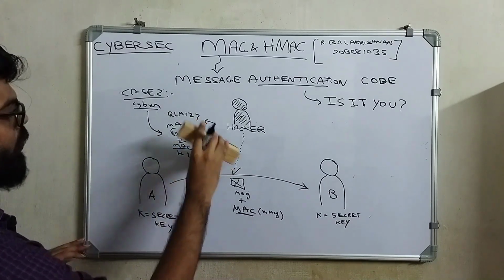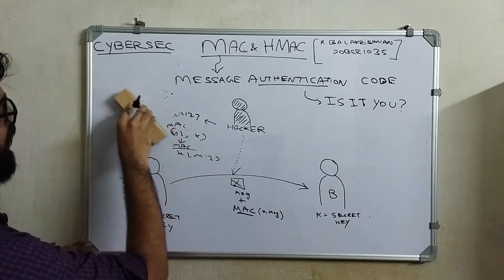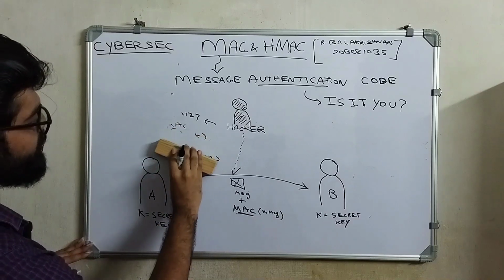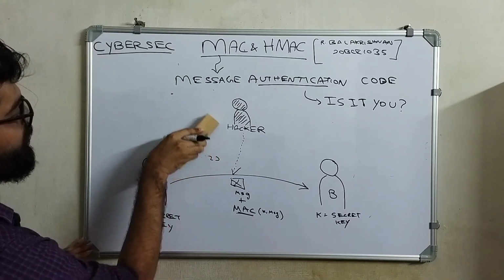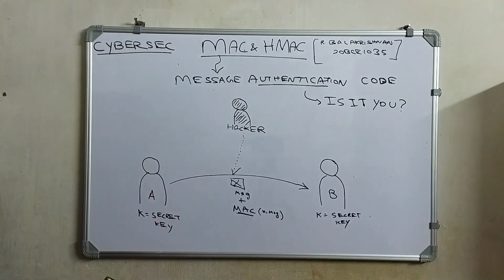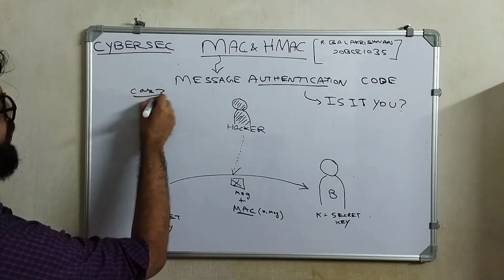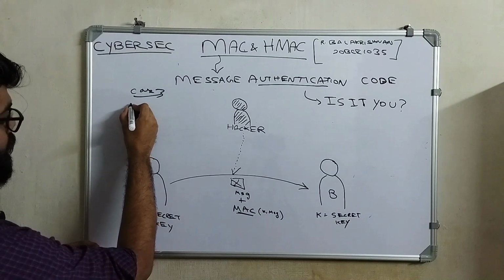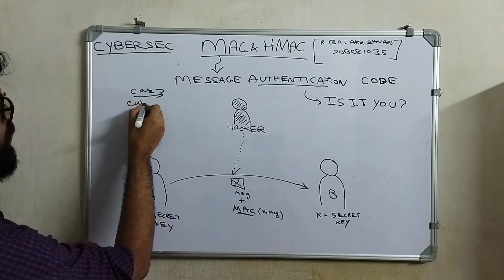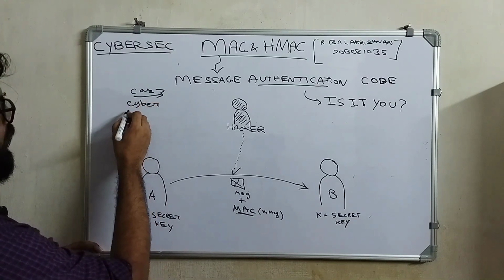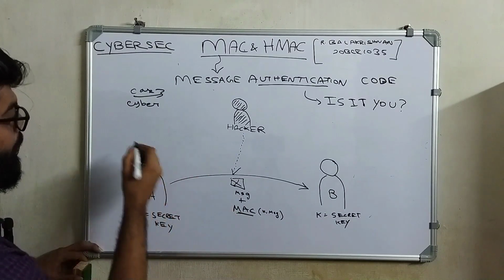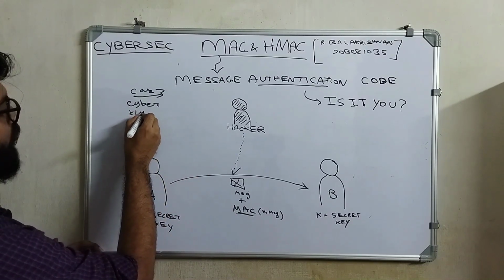Now you may ask me one more case. In both cases we have seen that it is untamperable, so this technique is working. So now you may ask about case 3. The message is cyber and the MAC value is KLM123.